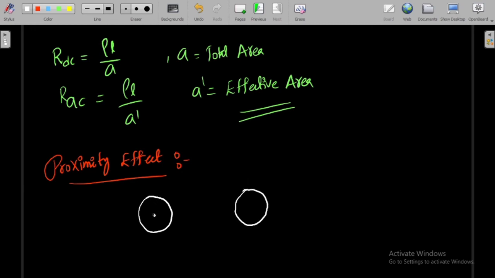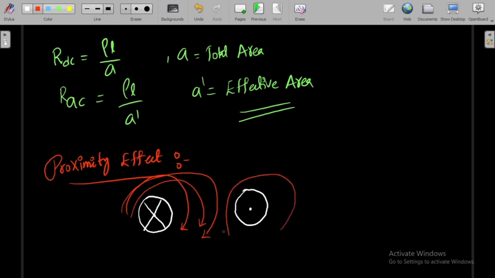So when we are carrying the current through this conductor towards the board, and through this conductor away from the board, you will have flux linkages. You will have a flux linkage due to this conductor like this, and a flux linkage due to this conductor like this.